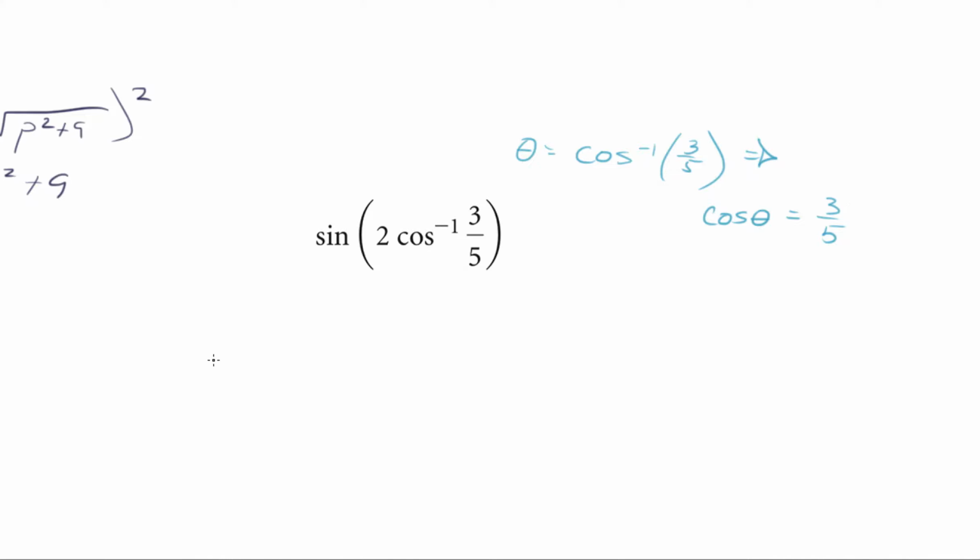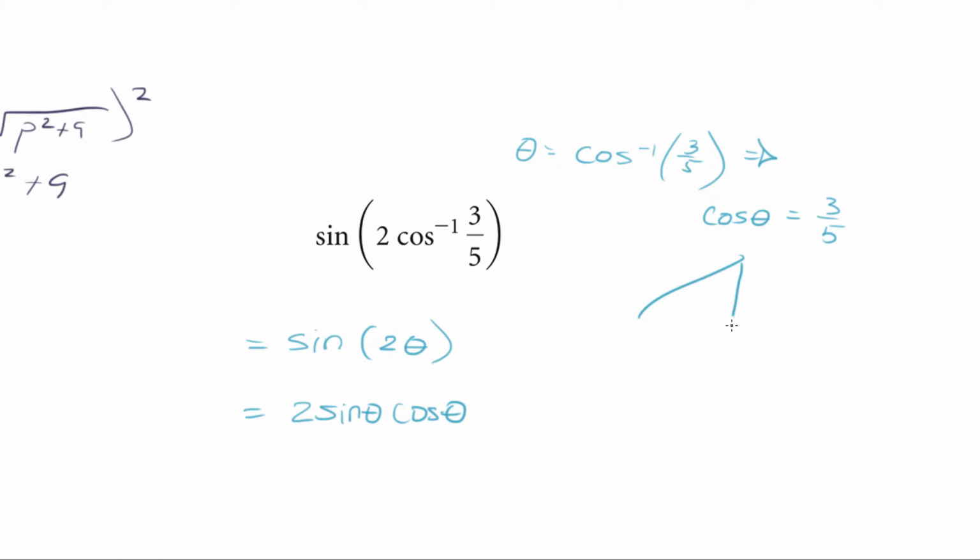Now, here we're looking for sine of 2 theta. Okay, and we have to use our identities. The sine of 2 theta is 2 sine of theta cosine of theta. That means that we need to find sine. We already know what cosine is. We need to find sine.